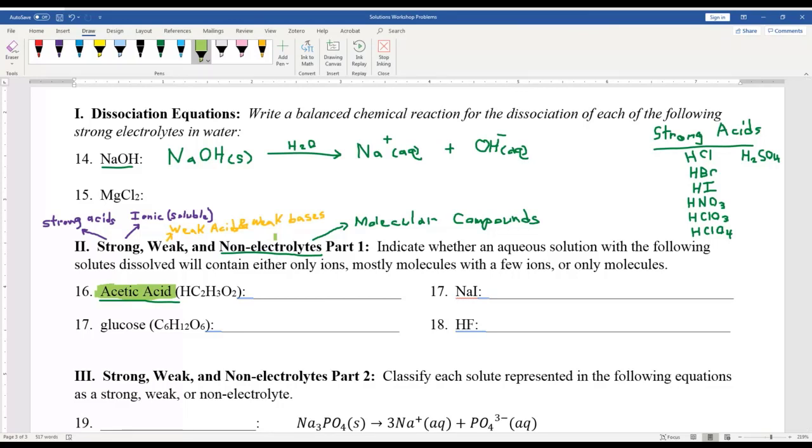But since this is a weak acid, this would be a weak electrolyte. And because it's a weak electrolyte, it's going to be mostly molecules with a few ions.